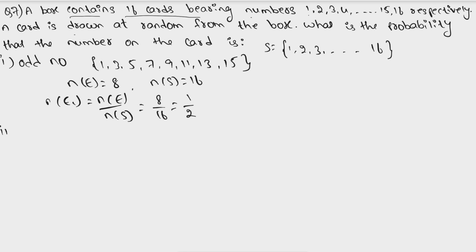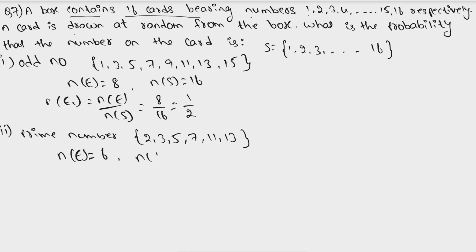Next, we have the question to find the probability of getting a prime number. Here we need to find the prime numbers between 1 and 16. So here the prime numbers are 2, 3, 5, 7, 11 and 13. These are the favorable outcomes for this second condition. How many elements do we have here? 6.